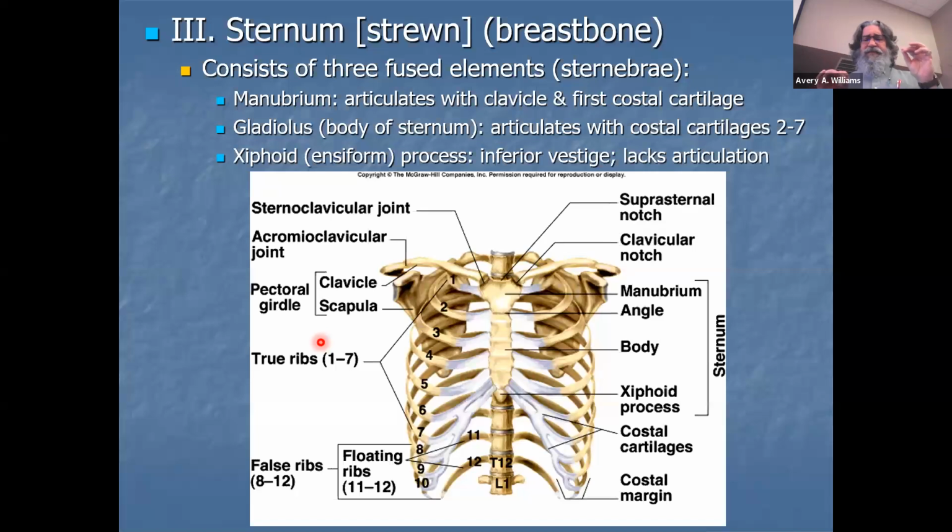Again, remember I said the whole sternum in mammals is kind of tapering off, where you don't really have a whole lot. You can see the ribs are doing that too. And so this is just a little vestige of one of the last sternebrae forming there. Nothing articulates with it.